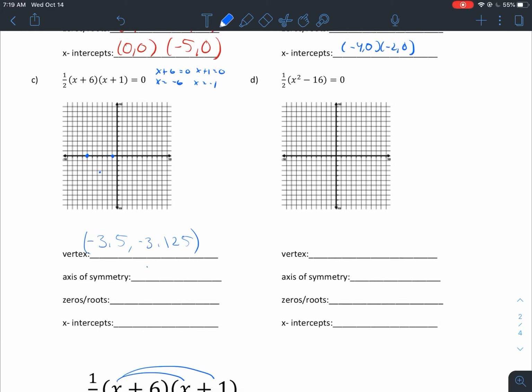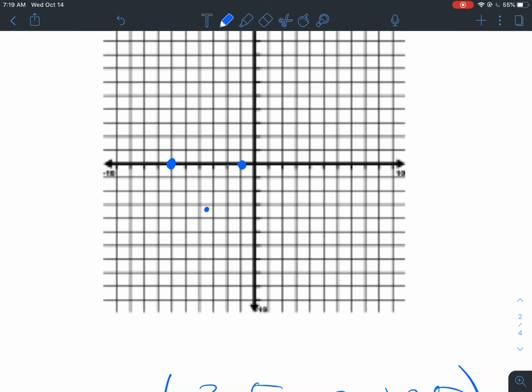Again, the axis of symmetry is going to be x equals negative 3.5. The zeros are what we already found: negative 6, 0 and negative 1, 0, and the x-intercepts are the same exact thing. That's just a different way of asking the same thing. So then we can graph this parabola. Looks something like that.